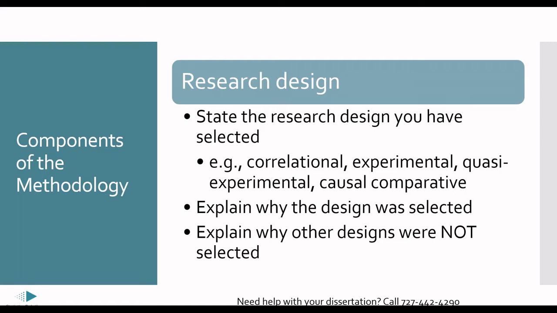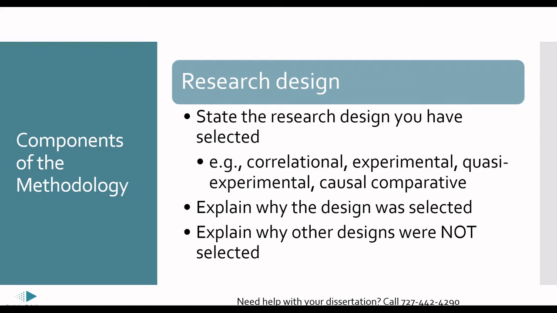And then some schools may want you to discuss other types of designs, and they may want you to explain why you did not select other potential types of designs. So if you chose a correlational design for your study, you may need to explain why you didn't choose an experimental design.